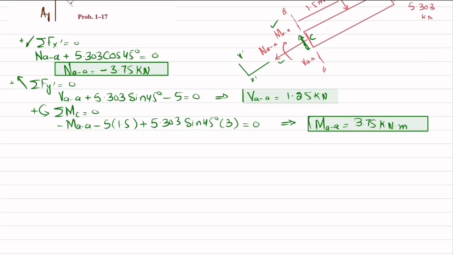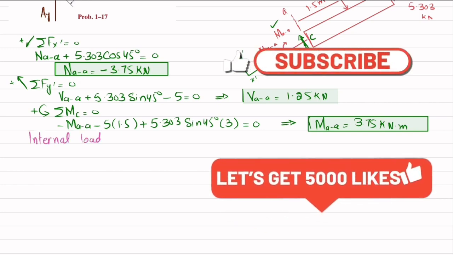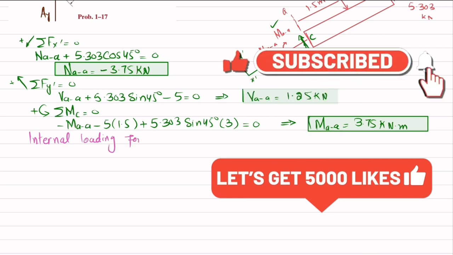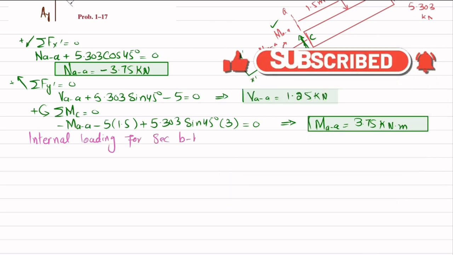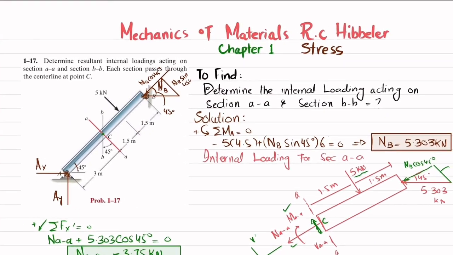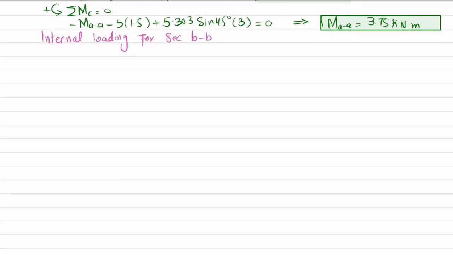Now we will find the internal loading for section BB. For BB you have to cut along this and draw the free body diagram. So let me draw it. This is the beam, and let me draw it again because this is not rectangular.